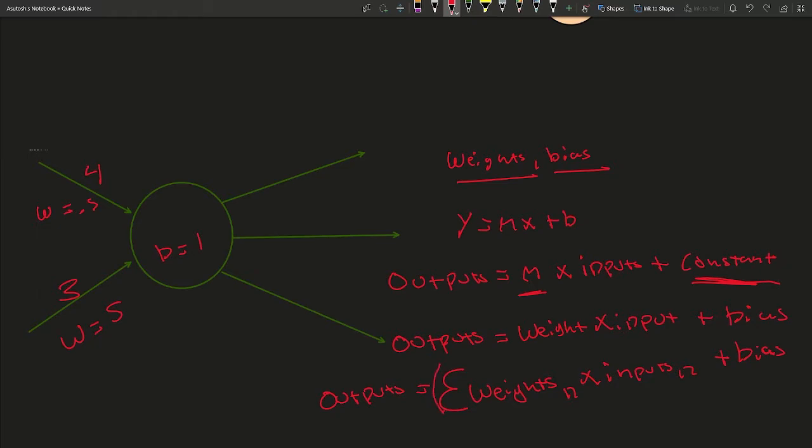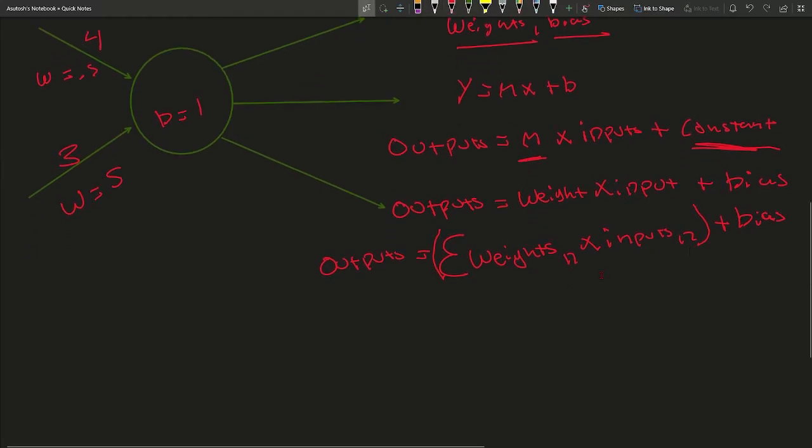So this is done. They sum the weights and the inputs for each of these connections respectively, and then they add the bias at the end. For this scenario, we can just try plugging and chugging. We have an input of 4 up here and a weight of 0.5, so we could do 4 times 0.5. And then remember, we have to sum all of these.